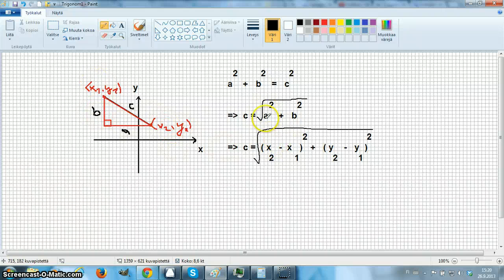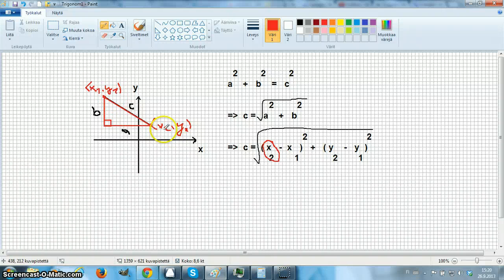A will be x2 minus x1, and B is y2 minus y1. Okay, why are they like that?